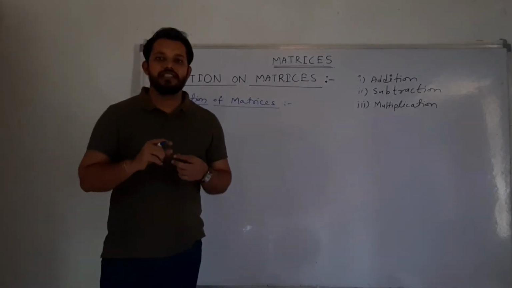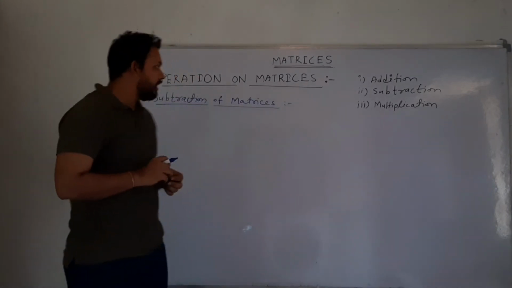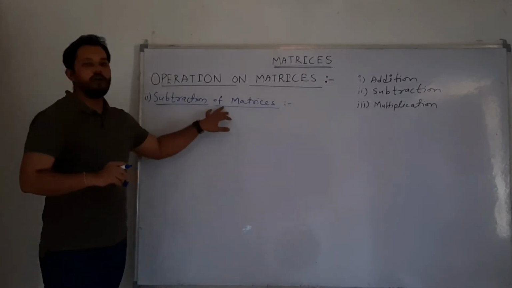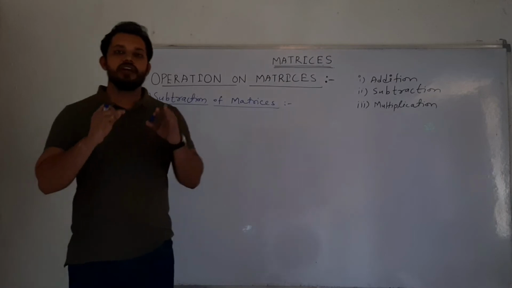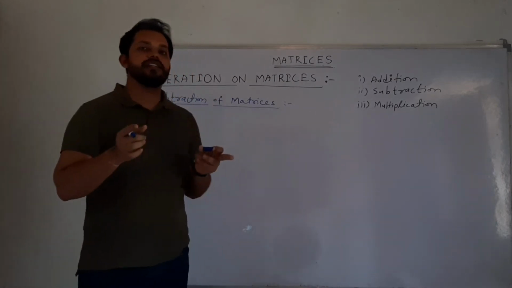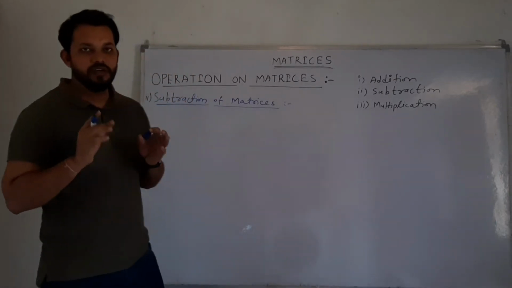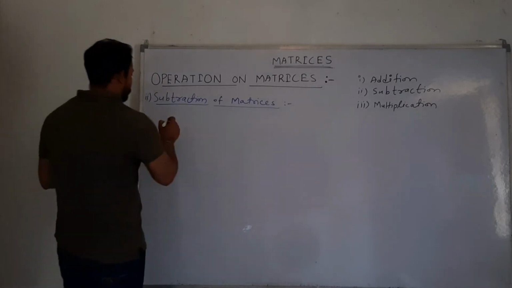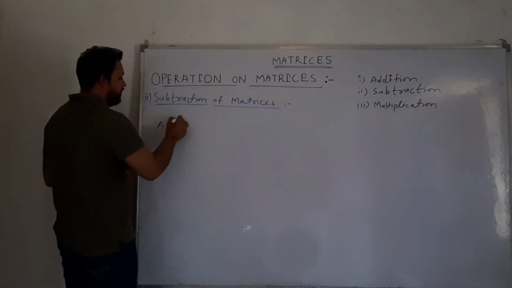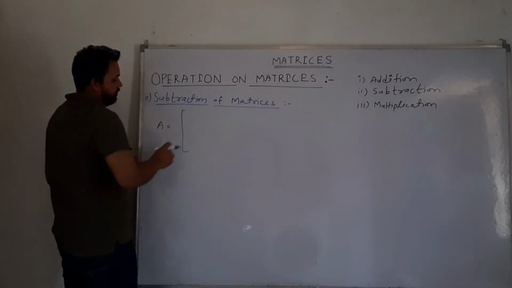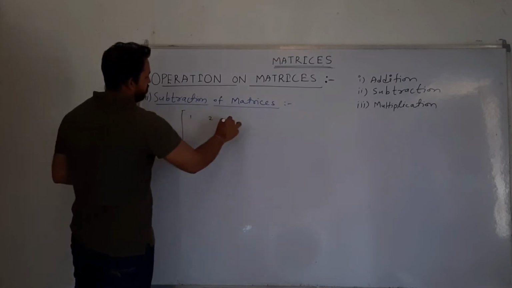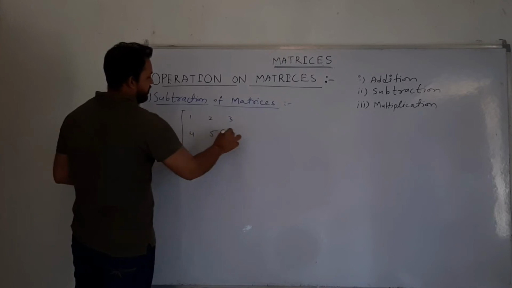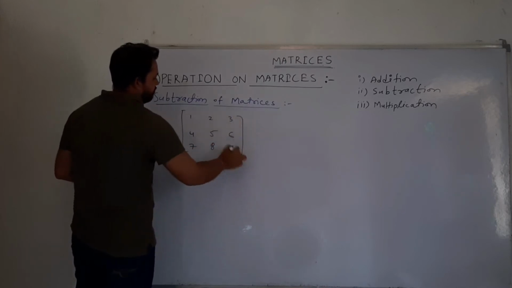Now we will see the next operation on matrices, that is subtraction of matrices. Again the criterion is same, the order of the two matrices will be same. So we will take two matrices. The first matrix is A, which can be represented as, suppose it is 1, 2, 3, 4, 5, 6, 7, 8, 9.